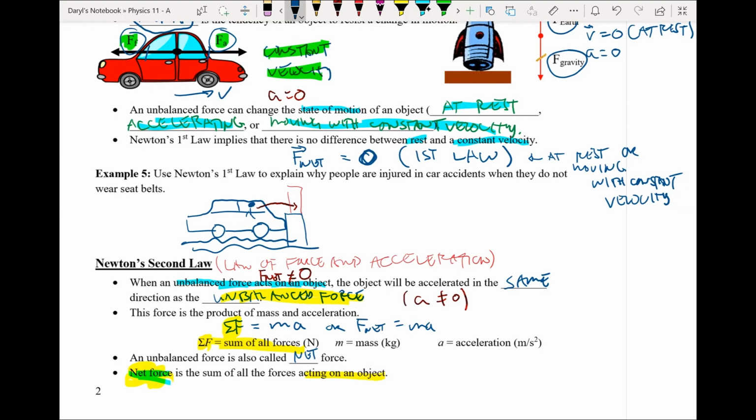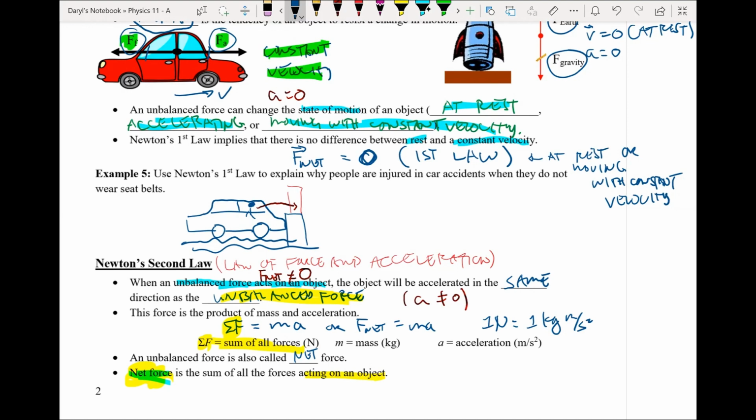So we get the definition of the Newton. Again, 1 Newton is 1 kilogram meter per second squared. Based on the definition, a Newton is the force needed to accelerate a 1 kilogram object by 1 meter per second squared.